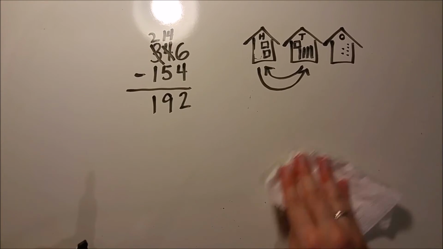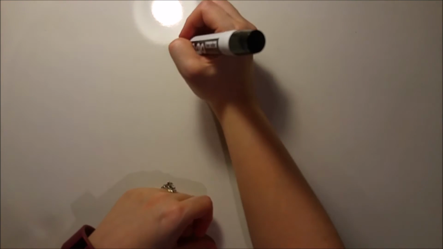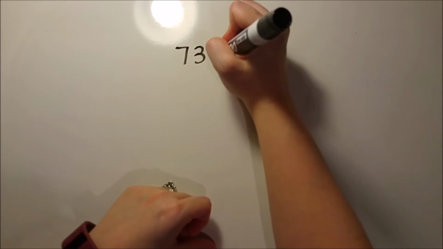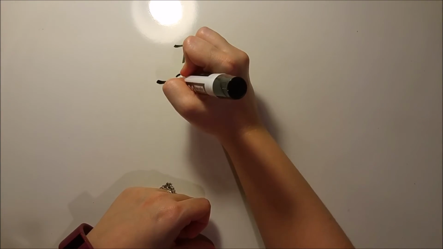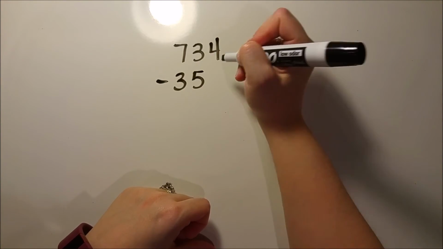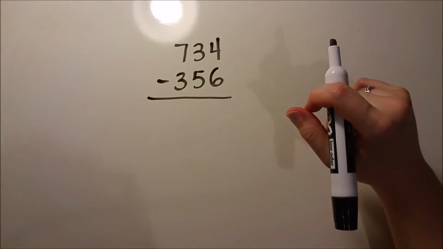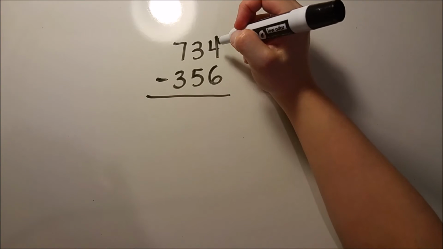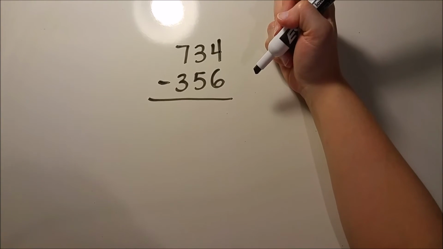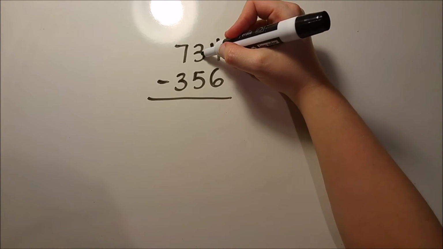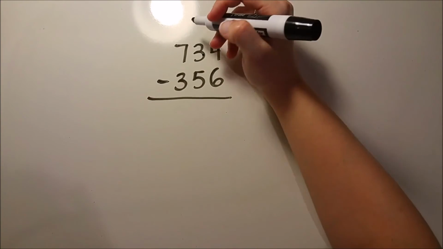Now sometimes you'll have problems where you need to borrow twice. Need to regroup twice. Let's see, 734 minus 356. We're going to do this without the houses this time. So 4 minus 6, not enough. We can't do it. They need help. They go next door. Knock, knock, knock.